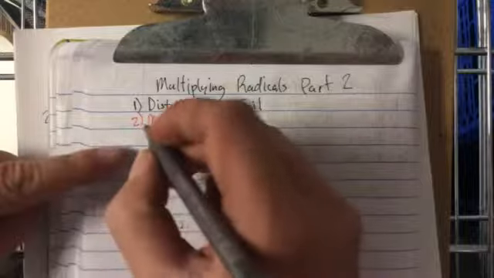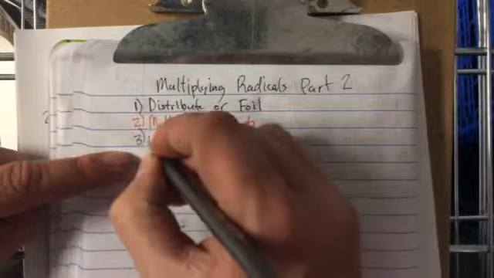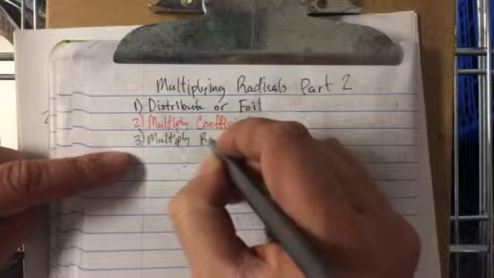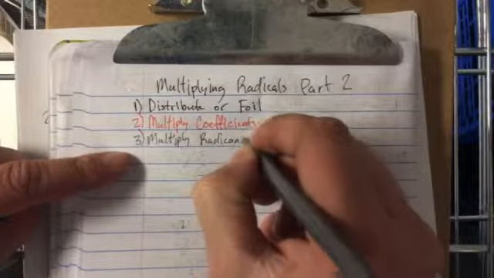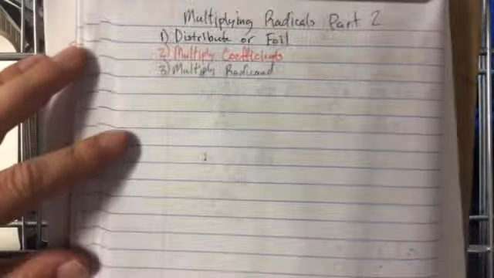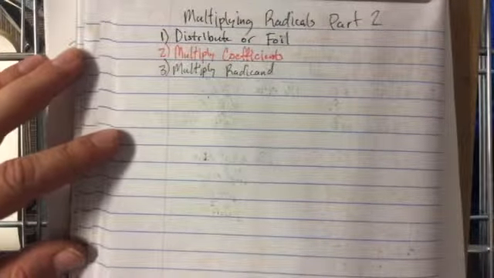Then we're going to multiply our radicands. And lastly, combine like terms or simplify.